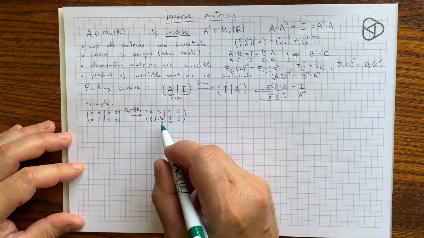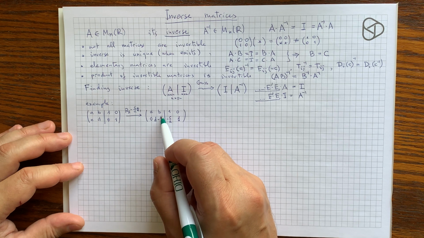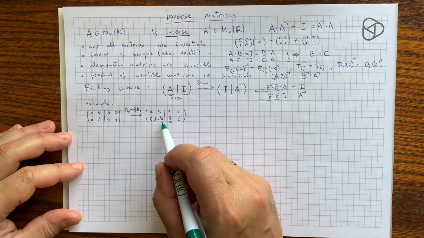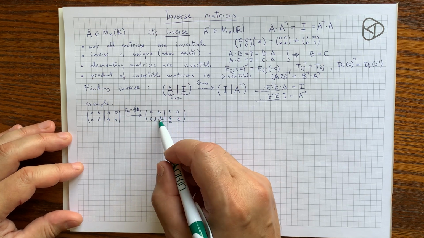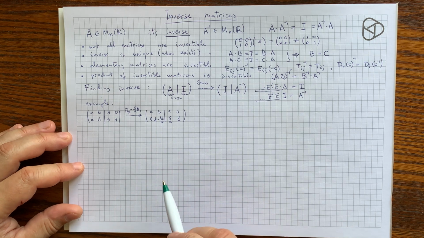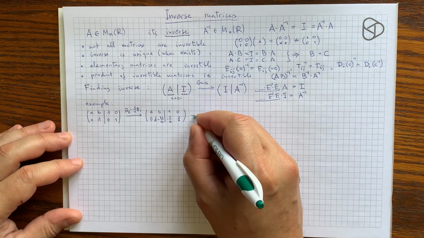Okay, let's continue. The next step will be just to scale down the second row by this number to make this pivot 1. So I already have my 2 pivots, assuming that A is non-zero and this number is non-zero, and that is already a good thing.